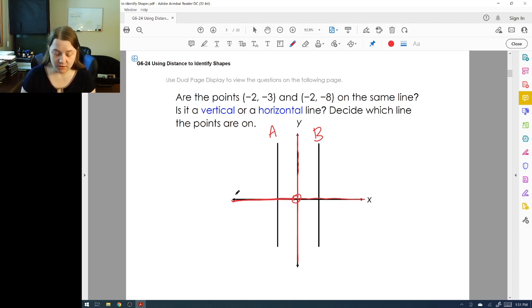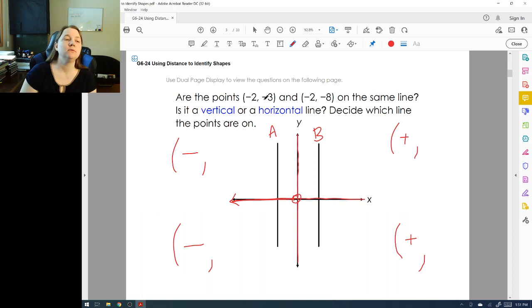Anything going in this direction is going to be running in the negative direction, which means that the first number is going to be negative. If I run over in this direction, the first number will be positive. And because both of these points are negative, it's going to be somewhere over to the left-hand side.